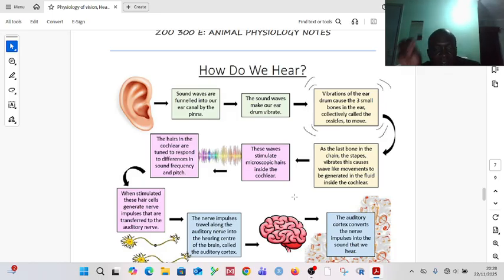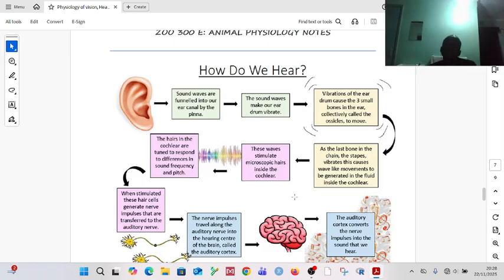Once the nerve impulse reaches the brain in the auditory cortex, that is where interpretation is done, so that you know I have heard this, this person has said this. Okay? So that is the process of hearing.